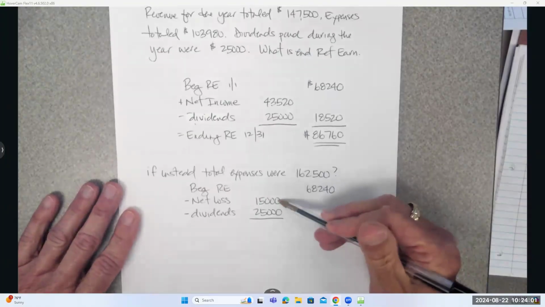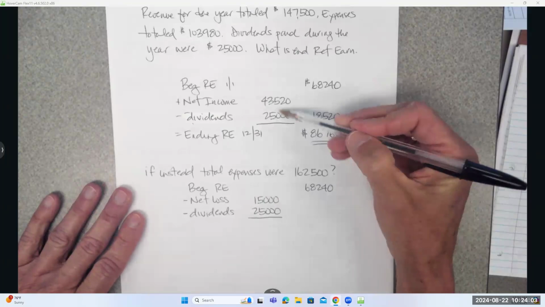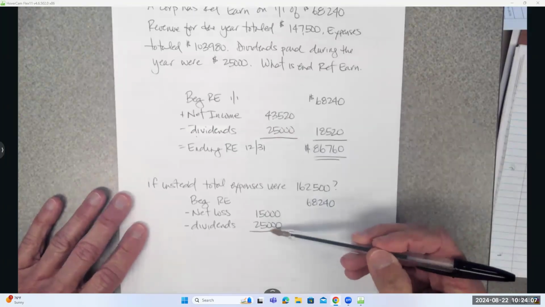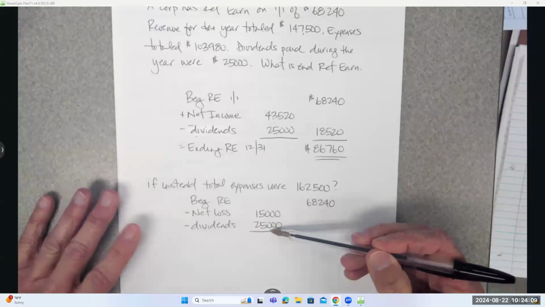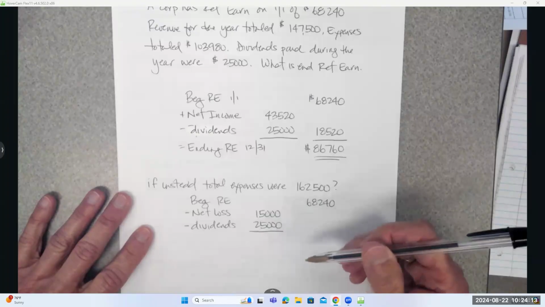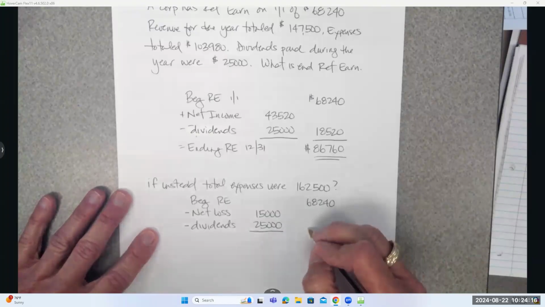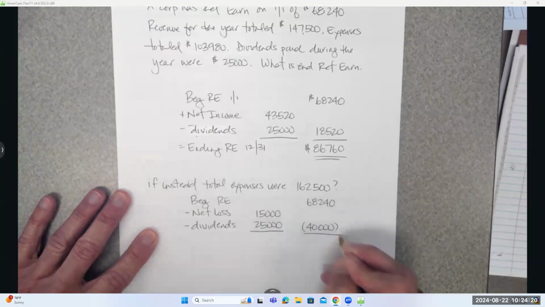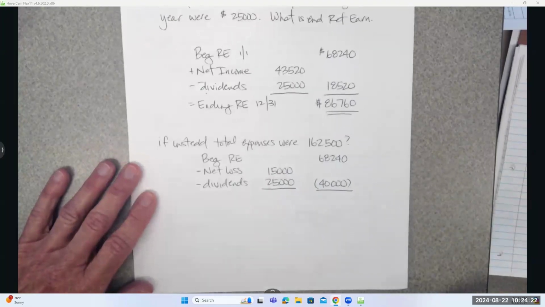Well, now both of these are a decrease. Here it was an increase, decrease. We netted it together. The increase was more. Here it's a decrease and a decrease. So now we have a total decrease of 40,000. Now parentheses in accounting mean minus.